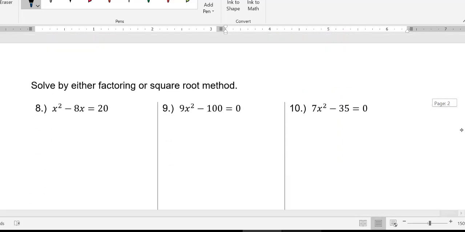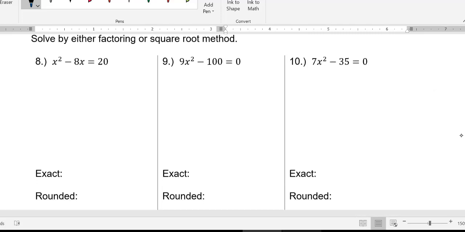So looking at our first example, when I'm looking at this expression, I see an x squared term, an x term, and I also see that c term. So that being said, I'm going to get everything over to one side to do some factoring. I'll look for those two numbers that multiply to my -20 and add to my -8.